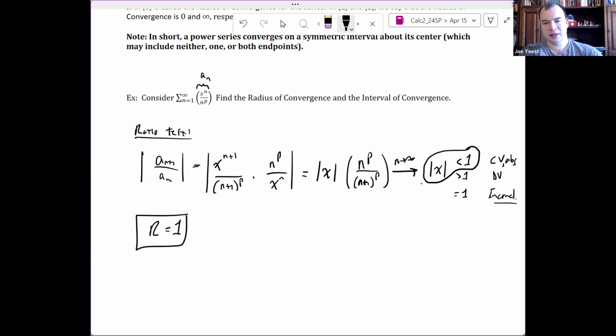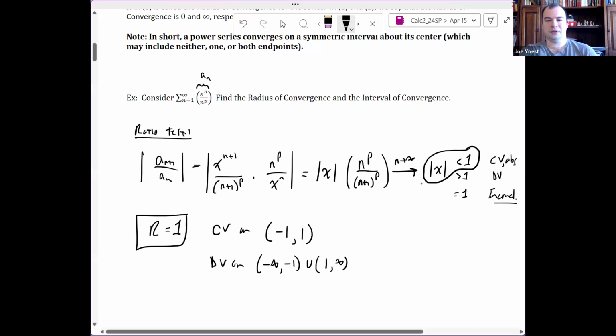And this tells me that I converge on, well, my center is 0. This is like x minus 0 to the n. I converge on the open interval minus 1 to 1 definitely. I diverge on minus infinity to minus 1 open and 1 to infinity open.